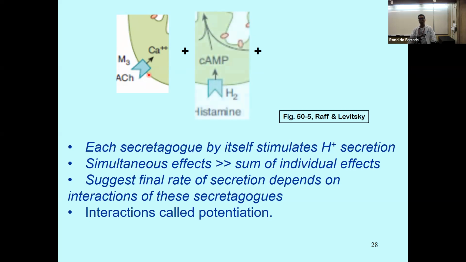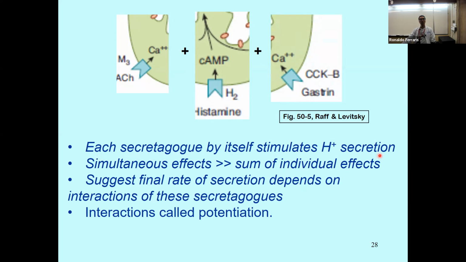Or if you have a stomach that has histamine binding to H2, only this factor will be sufficient to stimulate acid. If you have a stomach that only has gastrin receptors, it will again secrete acid. So each secretagogue by itself stimulates proton secretion.